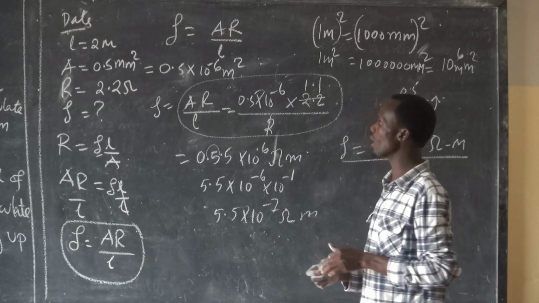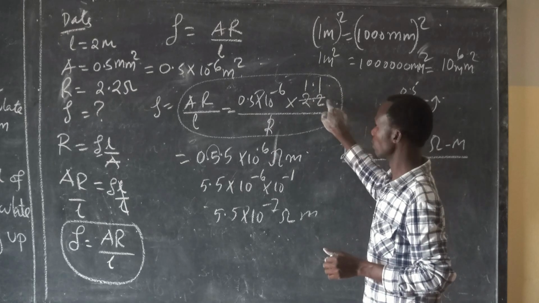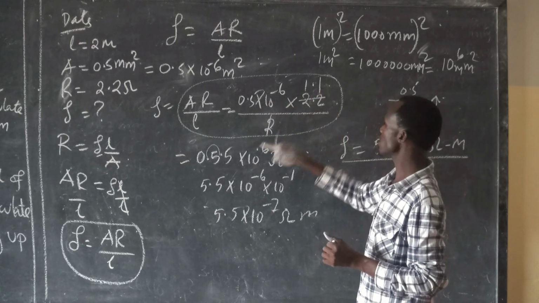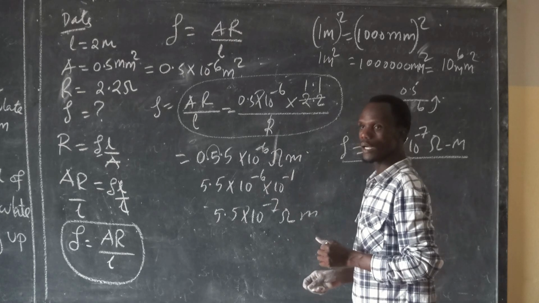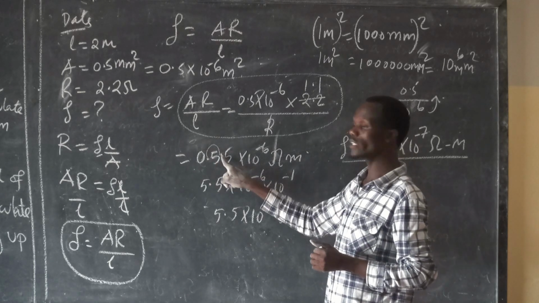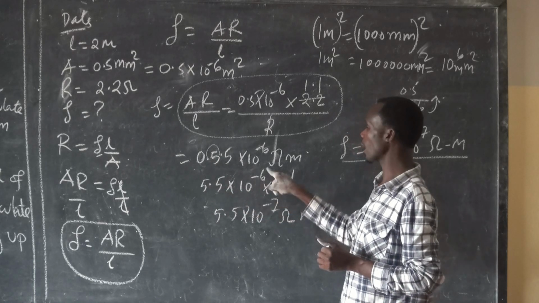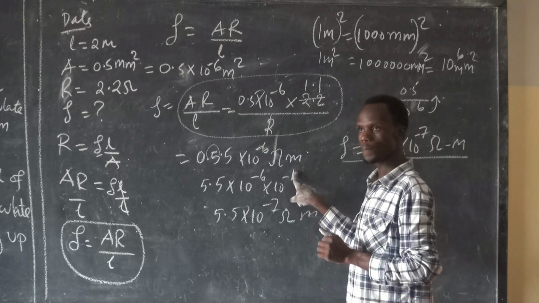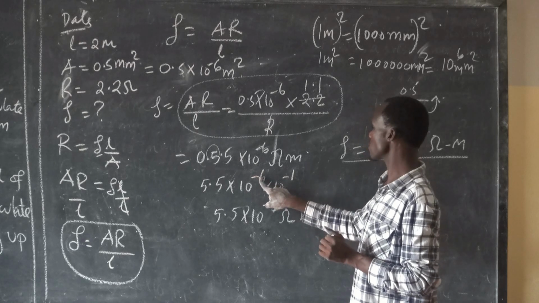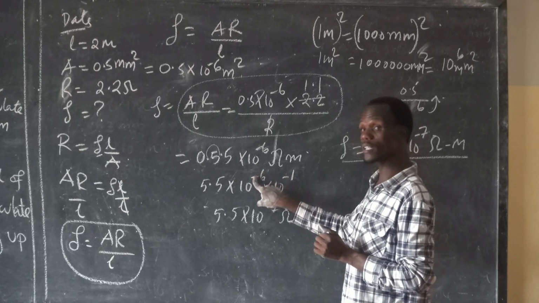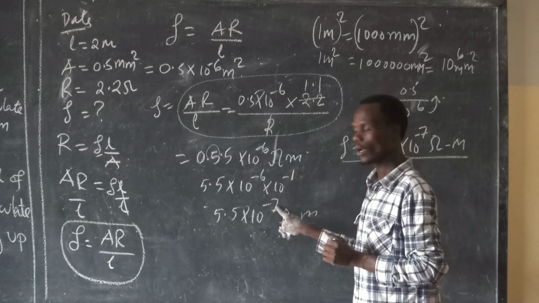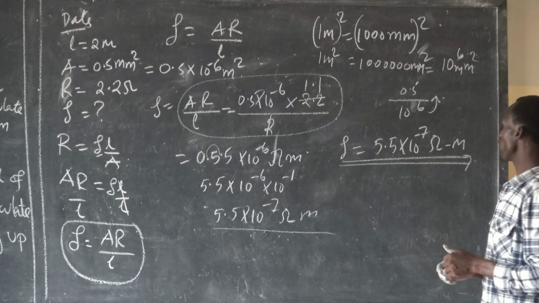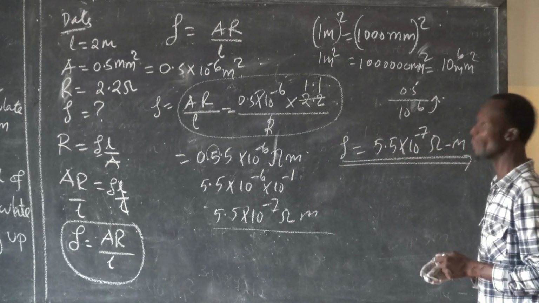The substitution is all about multiplication. 1.1, then this one you get 0.55 times 10 power negative 6. Then remember exponents. Now you bring it here, then it becomes 5.5 times 10 power negative 6 times 10 power negative 1. Then exponents: negative 6, negative 1, negative 7. So this is how we get it. Now the resistivity of the material is given by 5.5 times 10 power negative 7 ohm meter.